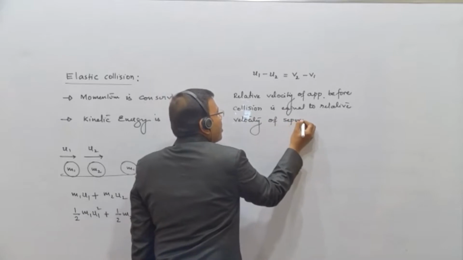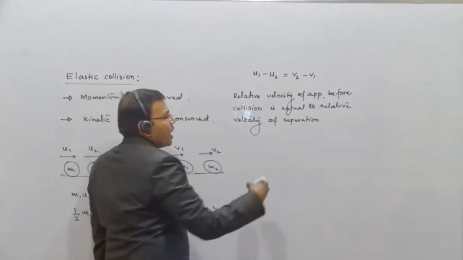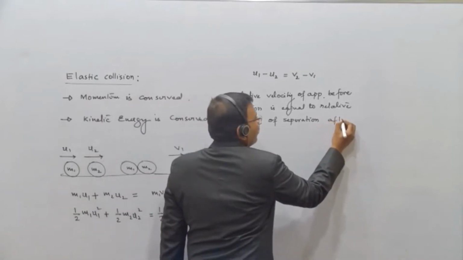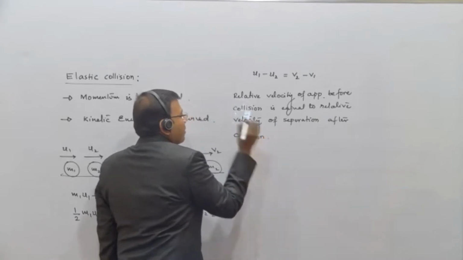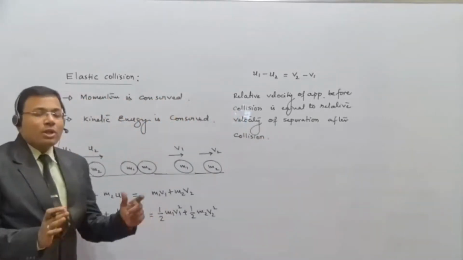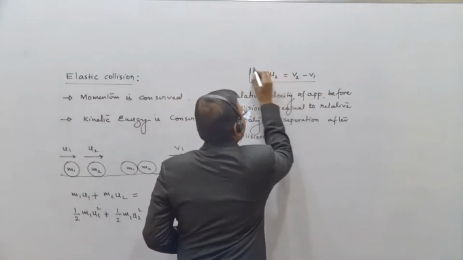Why am I writing separation? After collision they will get separated. So the relative velocity of separation takes place after collision. Both the relative velocities are the same, so this is an important relation. That's why we take it in a box.